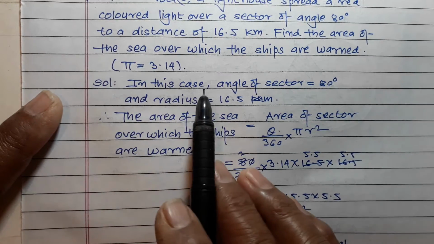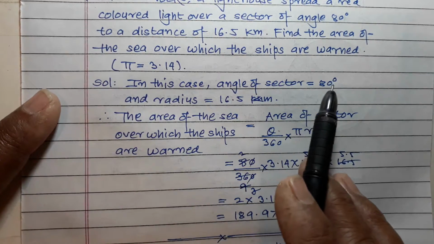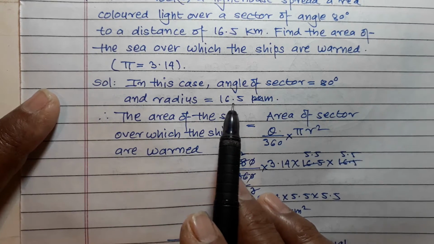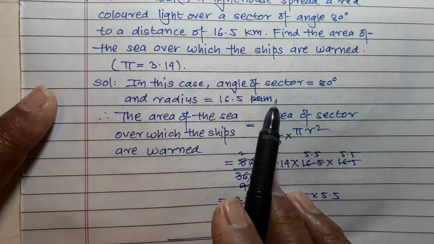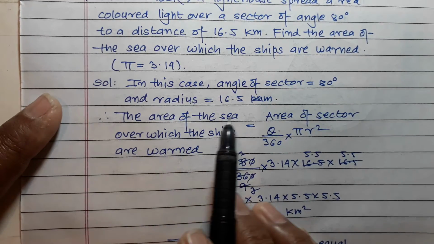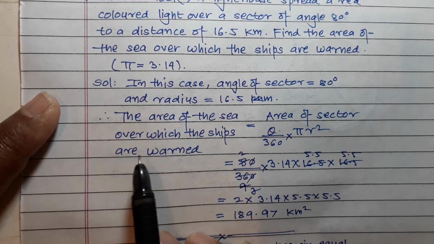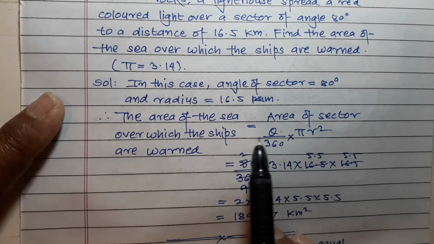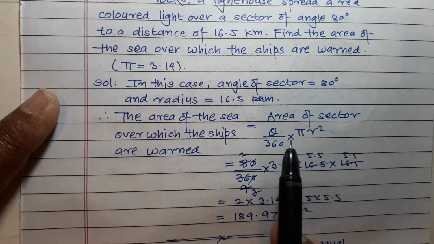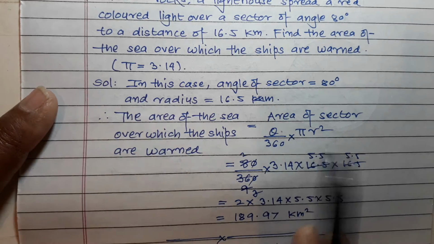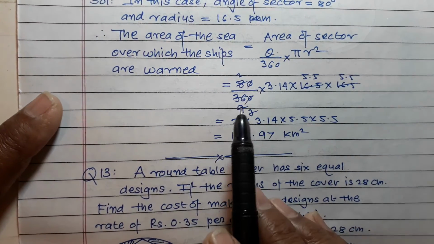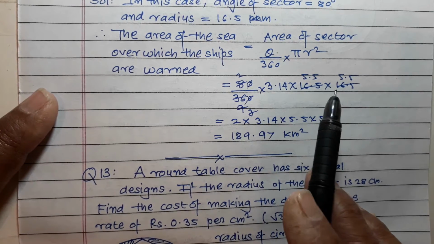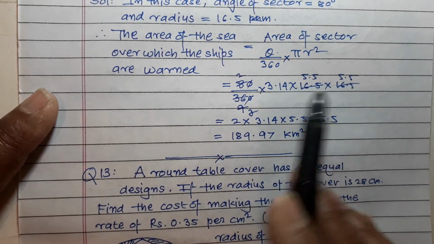Solution. In this case, angle of sector is equal to 80 degrees and radius is equal to 16.5 kilometers. The area of the sea over which the ships are warned is equal to area of sector, which is theta upon 360 into pi r square, equal to 80 upon 360 into 3.14 into 16.5 into 16.5.